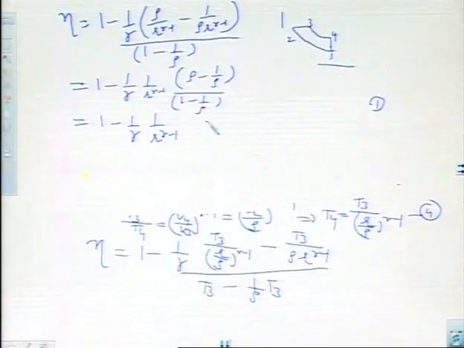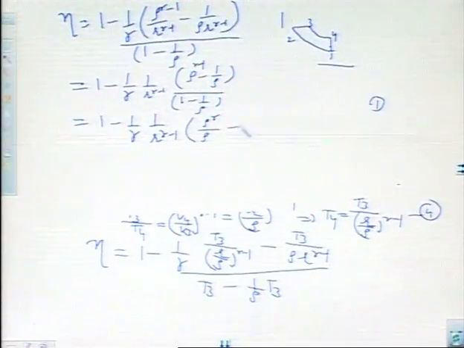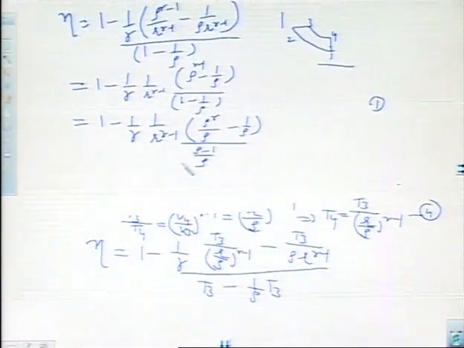So, this is rho gamma minus 1 and this is equal to rho gamma divided by rho, 1 by rho divided by rho minus 1 rho.